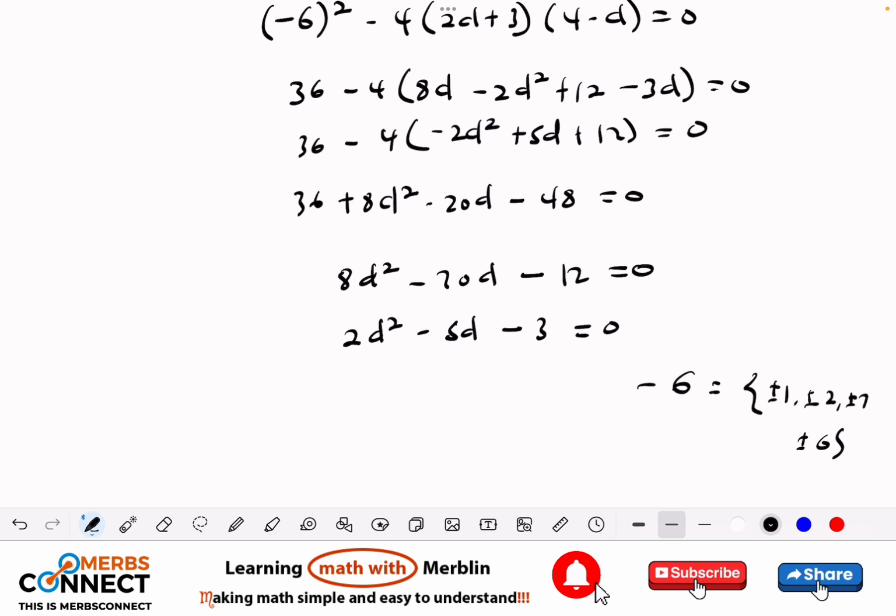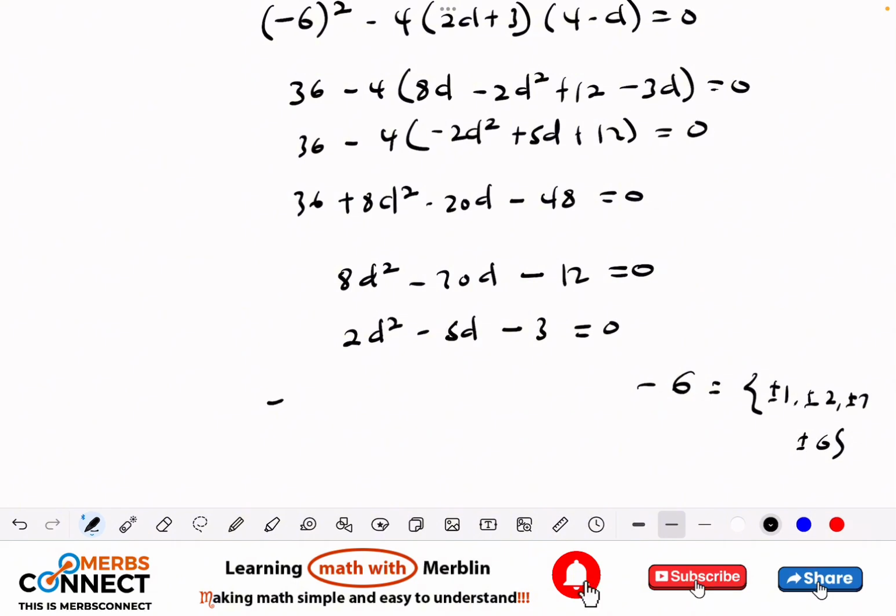So I'm going to pick 2 and 3, but minus 2 and minus 3, so that minus 2 times minus 3 is going to give us something like, let me see, no, minus 2 and minus 3 is not going to work, because when you multiply 2 and 3, you should get minus 6. So when I pick 2 and 3 and multiply, I'll get 6. But when I pick any of them to be minus and positive, it's not going to work. So the best option is 1 and 6. So let me pick 1 and 6.